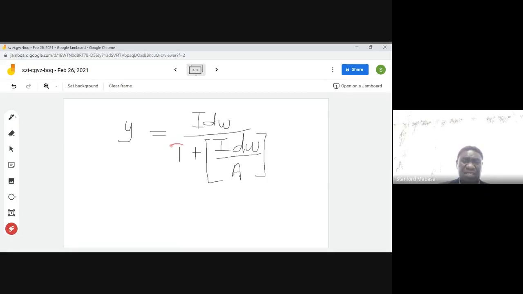Now, Cousens' problem with this equation was here, because if weeds are emerging ahead of the crop, then this whole equation becomes misleading. So he had to modify here.